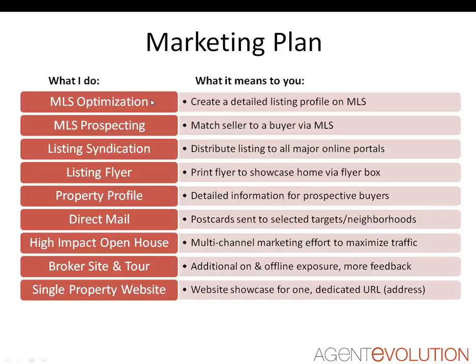Obviously, we've got the basics of MLS optimization, and I do say basics, but the optimization of an MLS entry is really important because you can maximize the photos and the details there as well. We've got reverse prospecting, listing syndication, listing flyer, property profile, high-impact open house, single property website. These tend to be the more traditional but very important pieces in your marketing plan.